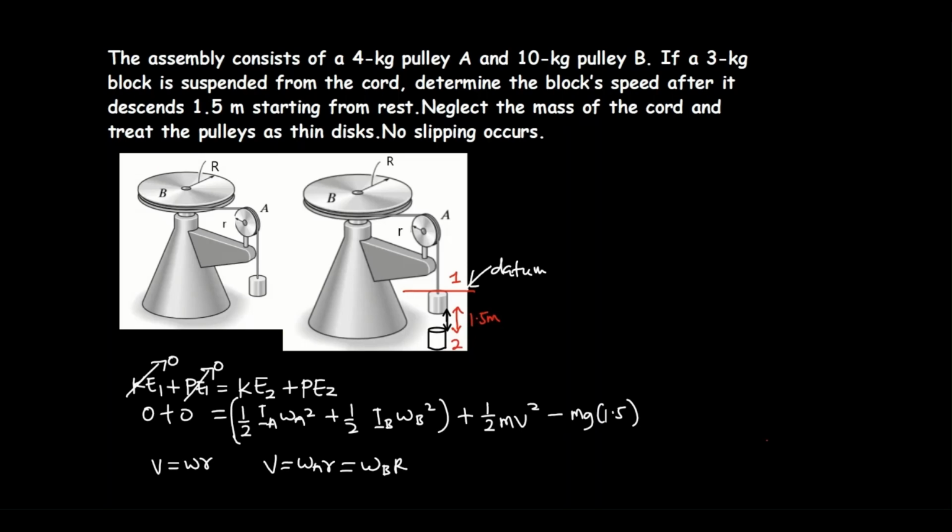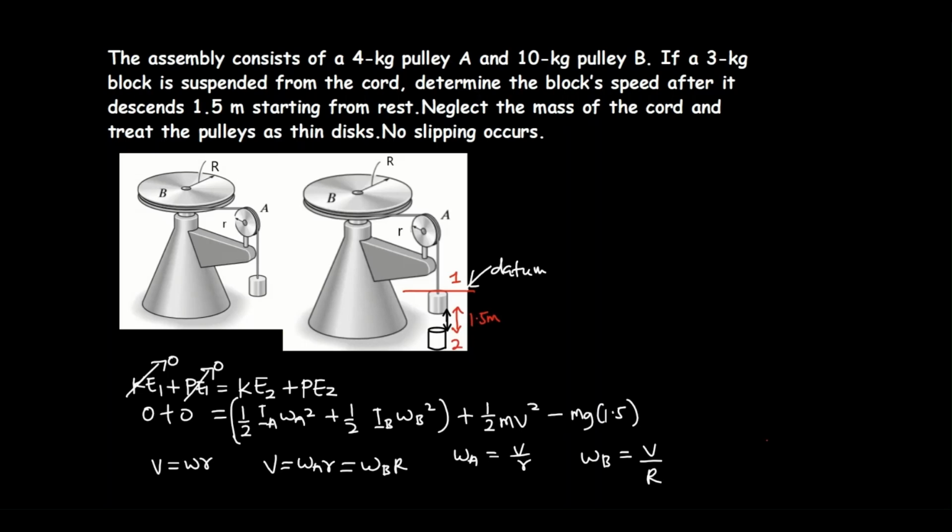So what you're going to do is make the angular velocities the subject. So you're going to have omega_A equal to v over r, and omega_B equal to v over capital R. Then you substitute these expressions into the previous equation.